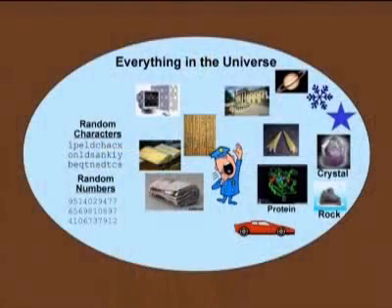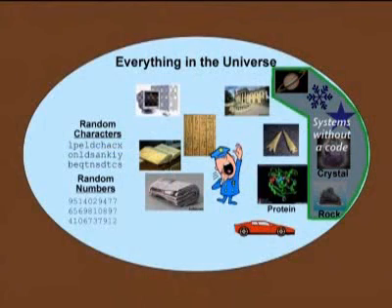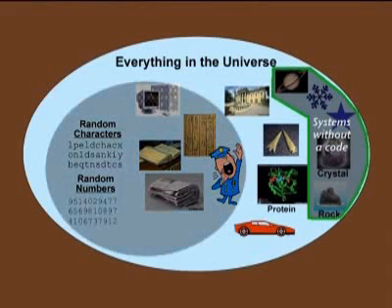Now let me come to my definition of information. So we see here is a complete universe. You see systems without code, for example stars and snowflakes and crystals. You see random characters which are also outside of the definition domain.